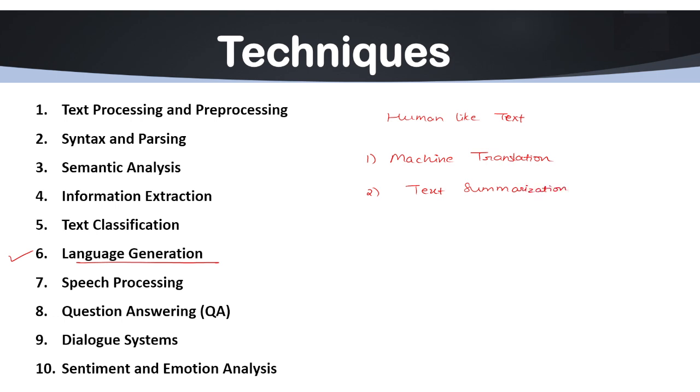So creating a short and meaningful summary from a longer document. Third technique is text generation. If you want to generate coherent and contextually relevant text based on the input data, then surely this text generation technique will help you.